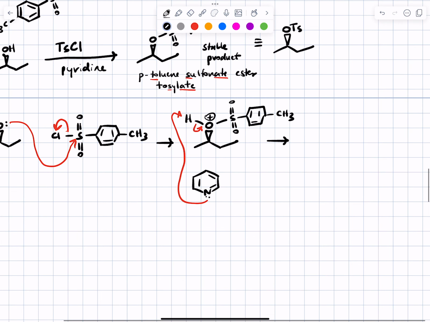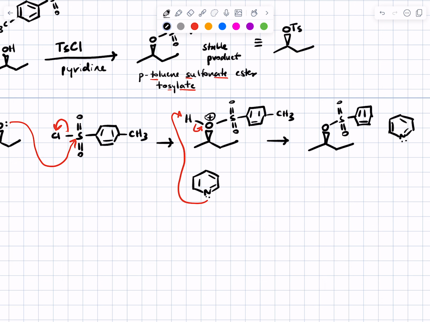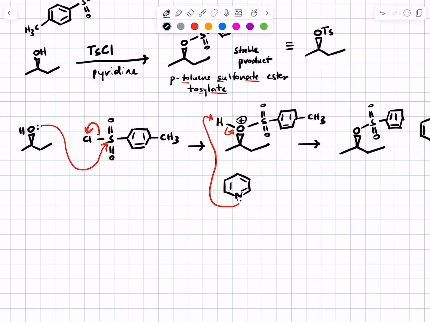We haven't looked up any pKa's, but if we did, we would see that the pKa of that proton on the positively charged oxygen is such that it's totally reasonable for the pyridine to remove that proton. And there we stay.